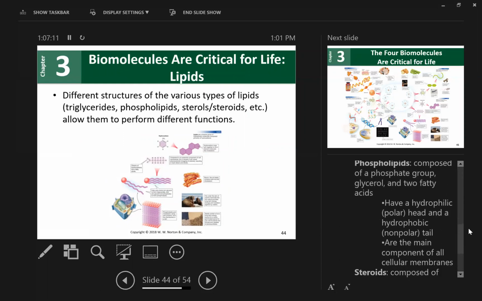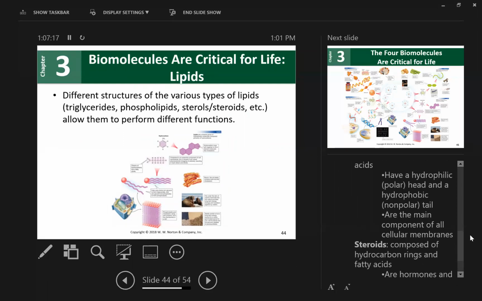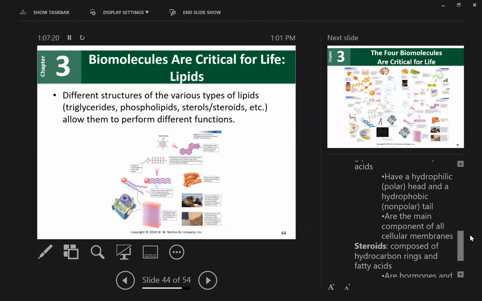And you have phospholipids, which are composed of phosphate groups. So these are hydrophilic structures. You have the hydrophilic, which is your polar end, and you have the hydrophobic, which is the tail end. So that's really what they look like.